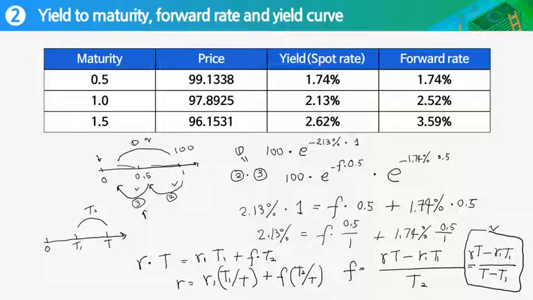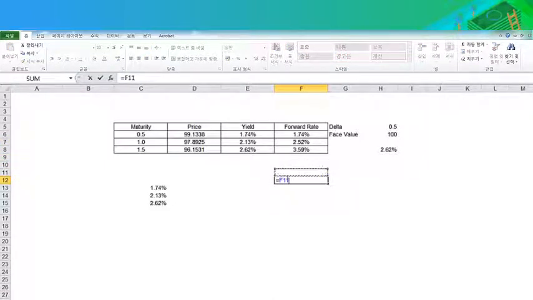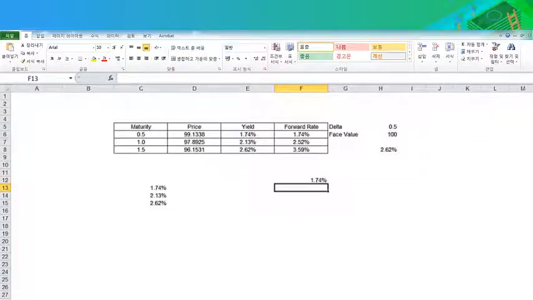We can use this one and calculate this forward rate. So again, we are in Excel. To recover this one and this one. First one, at the initial period, forward rate is same to short-term rate. And from the second one, we can apply the formula that forward rate is the external division of a segment.